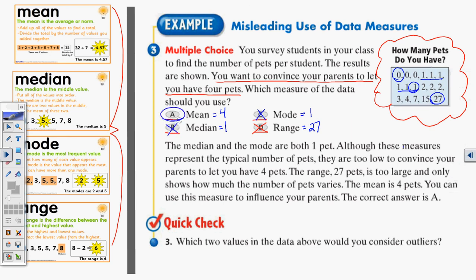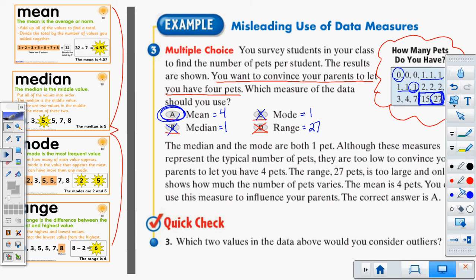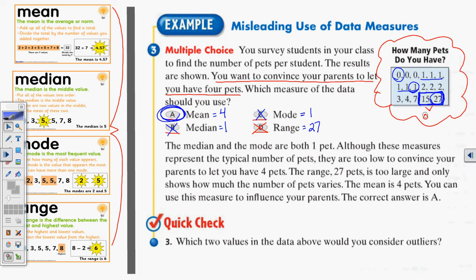So the one that I want to use is the mean because it goes right with what I'm going to use to convince my parents. Now, this is a little bit skewed. The mean is skewed because of these 2 numbers. I don't know if you remember, but these 2 numbers have a specific name, and they are called outliers.